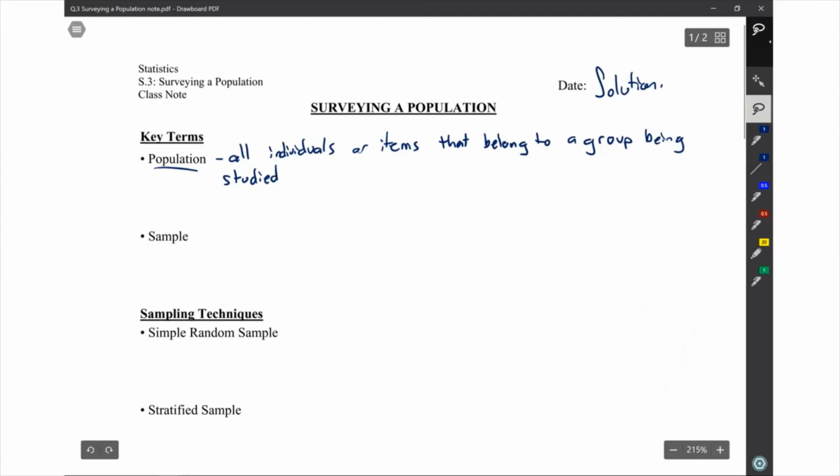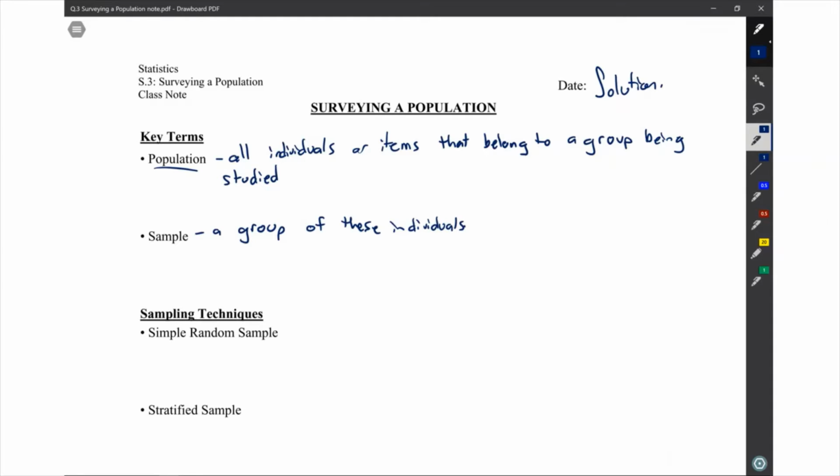Now a sample is a group of these individuals. I'll get back to that in a moment. So often our population is far too big to survey every single person or every single individual within the group.